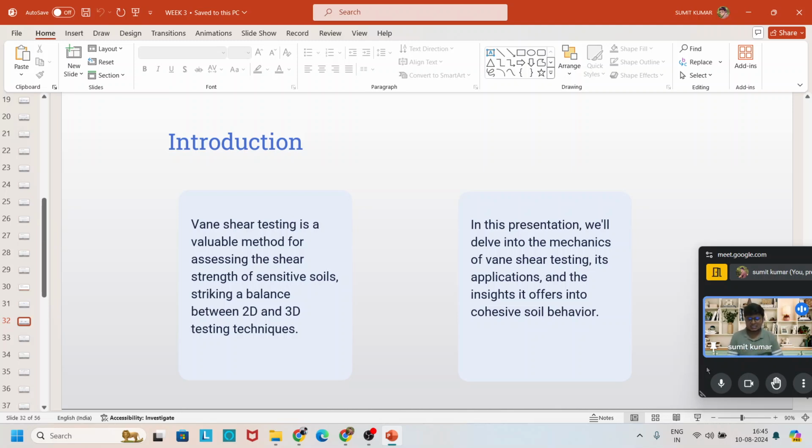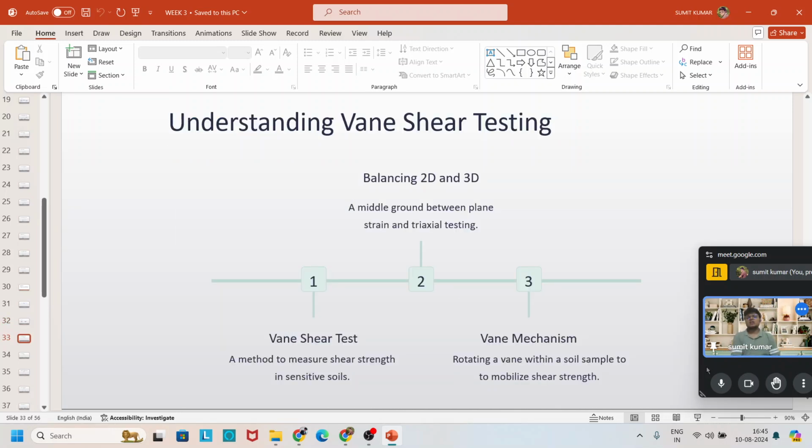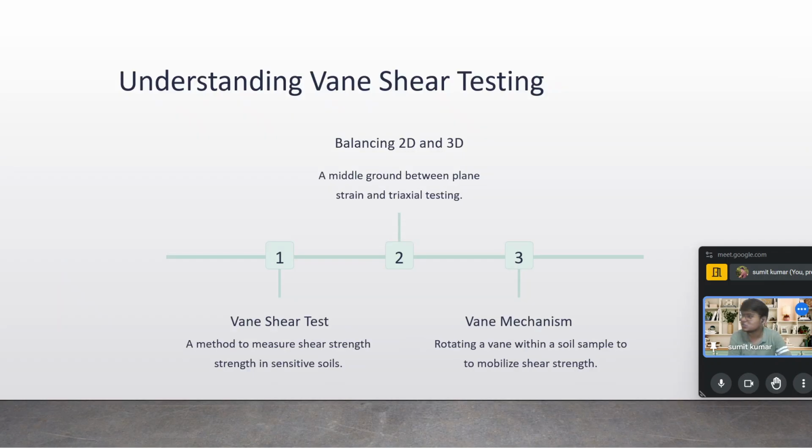In this presentation, we will see the mechanics of vane shear testing, its application, and the insight it offers into cohesive soil behavior. Now understand how the vane shear testing will take place, and afterwards we will go across the procedure used during the testing.